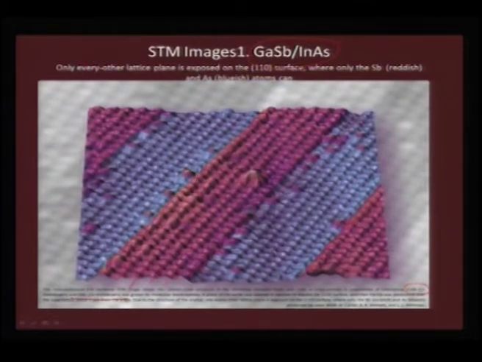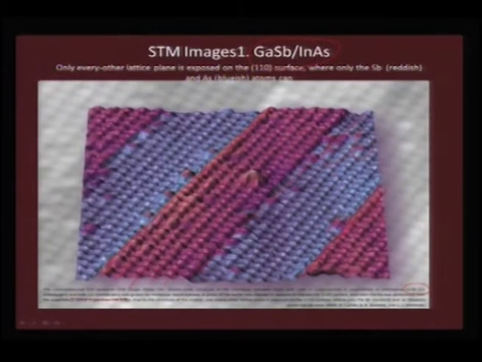So, you first grow gallium arsenide, then gallium antimonide, indium arsenide, and so on, and one can also find out how sharp these interfaces are, because you can see in some cases the antimony is actually coming out into the indium arsenide layers.